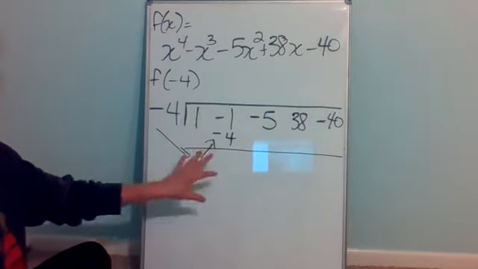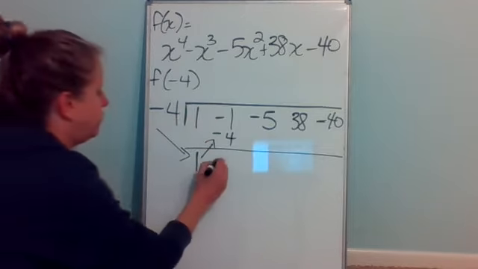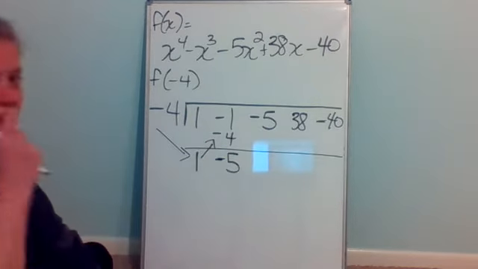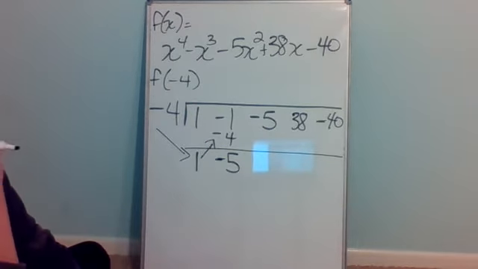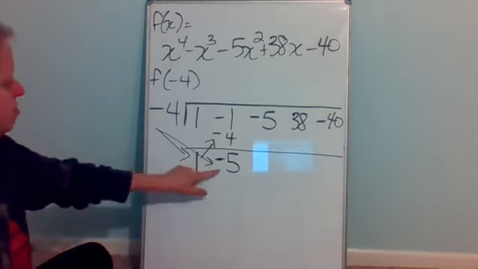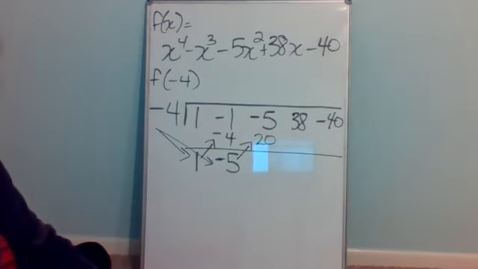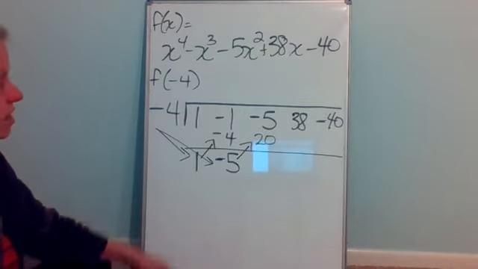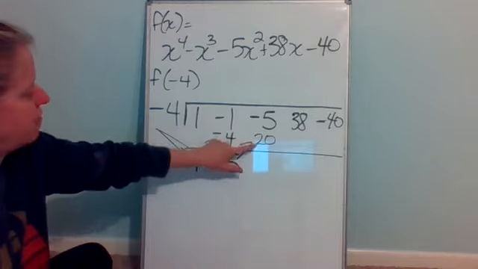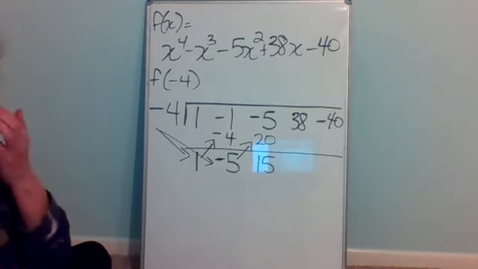And again, you just add those numbers together. -1 and -4 gives me -5. And multiply. -4 times -5 gives me +20. Add this straight down. -5 plus 20 is 15.